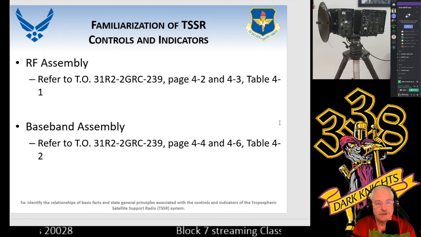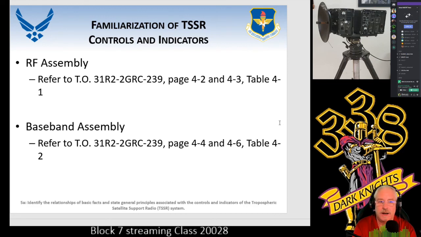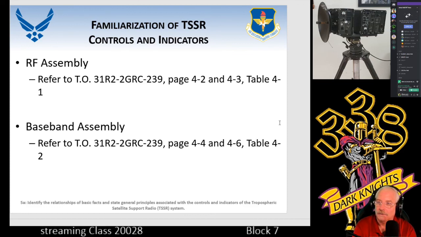Page 4-2 through 4-3 gives us the RF assembly for table 4-1. For the baseband assembly, it's pages 4-4 and 4-6. Now, I think it was yesterday, I took you through the tech order and showed you those pages. So if you want to know what those indicators mean or what their functions are, there you go. I highly recommend that you scan through that.